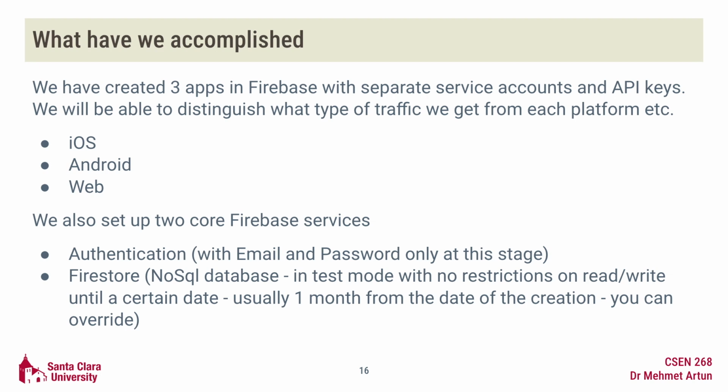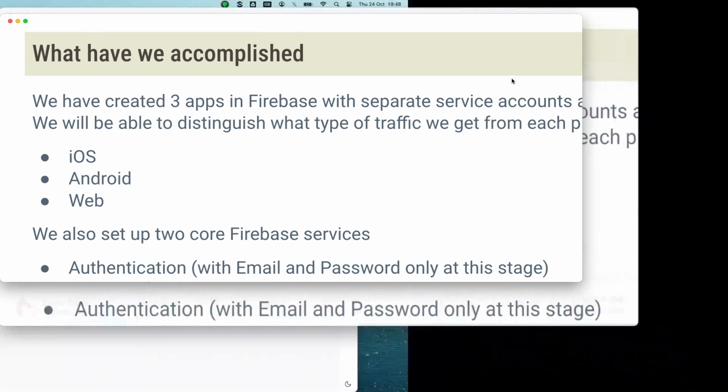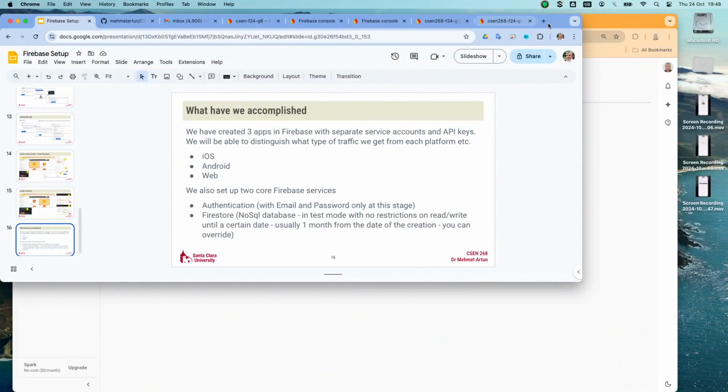There are many authentication methods, Google sign-in, Apple sign-in, Twitter sign-in, the list goes on, and we just did email and password. That's the end of this set of slides. Now comes the part where we create the connection data for Firebase.